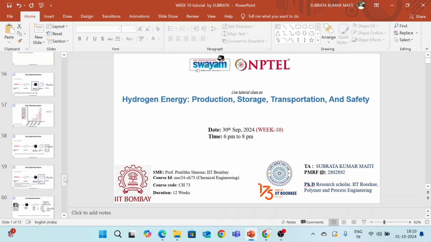As you know, there are different types of water electrolyzer. First and foremost is the proton exchange membrane water electrolyzer, I mean cation exchange membrane water electrolyzer. Now the trending one is the anion exchange membrane electrolyzer, because it has some good advantages over proton exchange membrane: a bit lower quality water can be used, and some electrode materials are less costly.